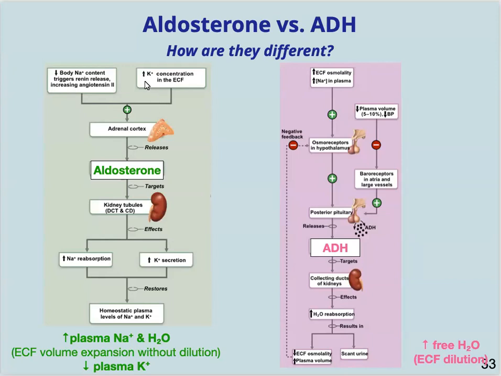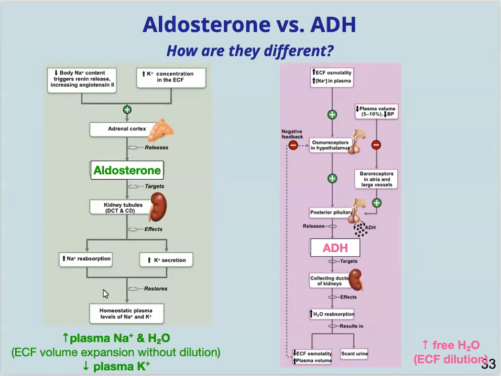Alternatively, it's also triggered to release by hyperkalemia, in other words, a rise in potassium level in our blood. So aldosterone, when released, acts on the distal convoluted tubule and on the collecting duct, resulting in increased sodium reabsorption along with increased potassium secretion.